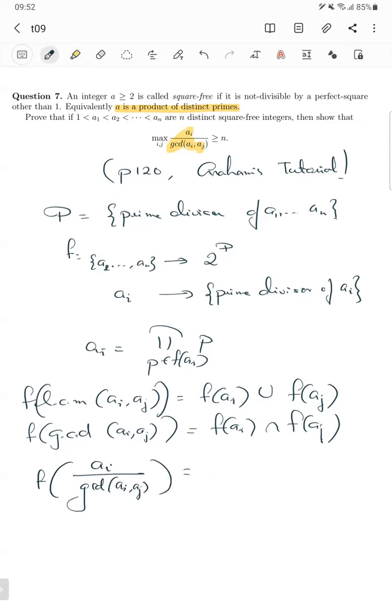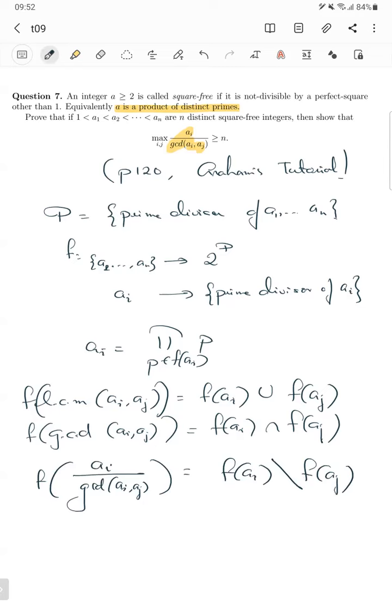Okay. So can we also write what would be f of a_i divided by the GCD of a_i and a_j? What would this be? Can you write it in terms of f of a_i minus f of a_j? Correct. It is f of a_i set minus f of a_j, right? Because when you are dividing by the GCD, what you are taking out are the common prime divisors.